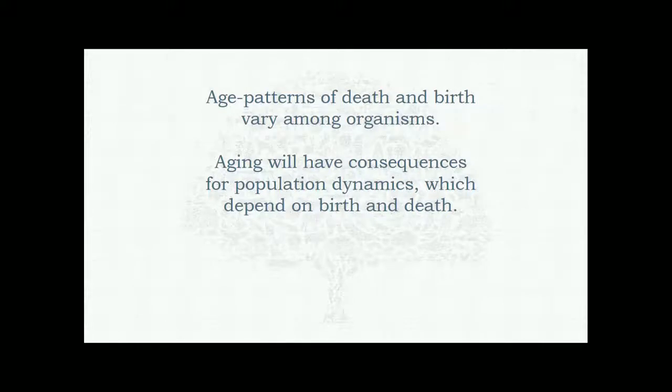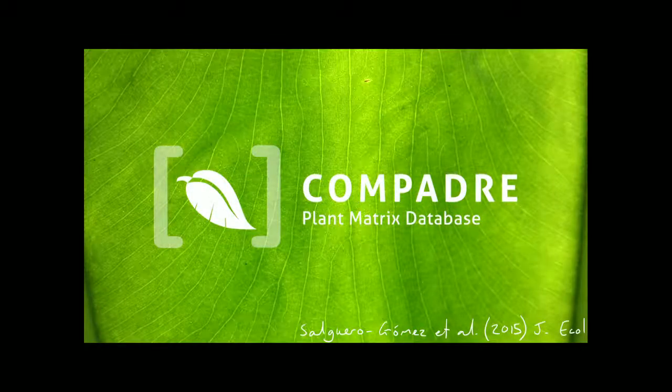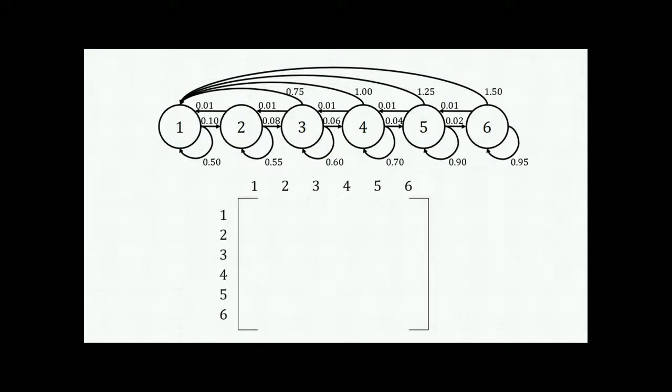Aging will have consequences for population dynamics, which depend on birth and death. So I'm going to talk to you about the population dynamics that we also measure from COMPADRE. If we look at this model, we can also represent it as a matrix. We can put these numbers in the matrix, showing how individuals progress from one stage to another.